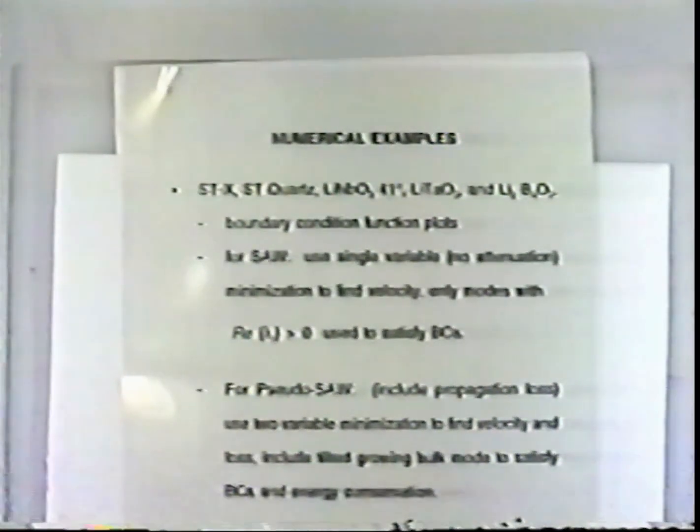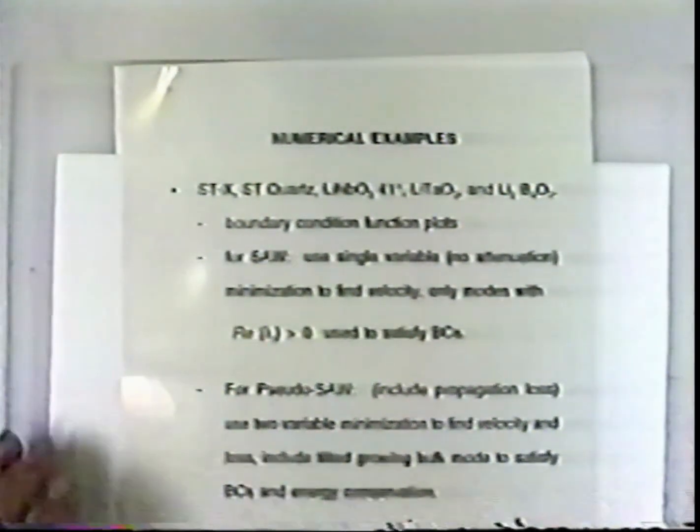And for the pseudo, just including the propagation loss, we have a two-variable minimization process to find the velocity and the loss, and we have to include tilted growing bulk modes. They're really tilted bulk-like modes. They're really not bulk modes.